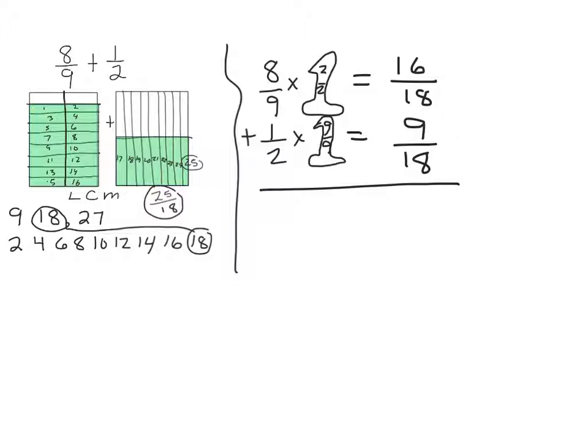So I can add. If I take 6 and 9, that will give me 15. I'm going to drop my 5 and carry my 1 right there. And then I've got 1 and 1 is 2, and nothing is going to stay 2. So I got 25 over 18, because with the fractions, you just drop the denominator, because it just tells us how many parts we cut each of these boxes into.